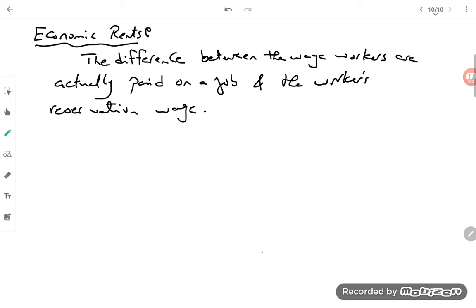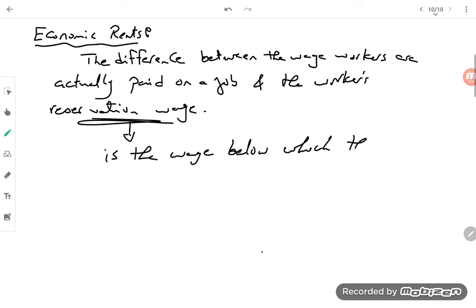What's meant by worker reservation wage? Reservation wage of a worker is the wage below which the worker would refuse the job.